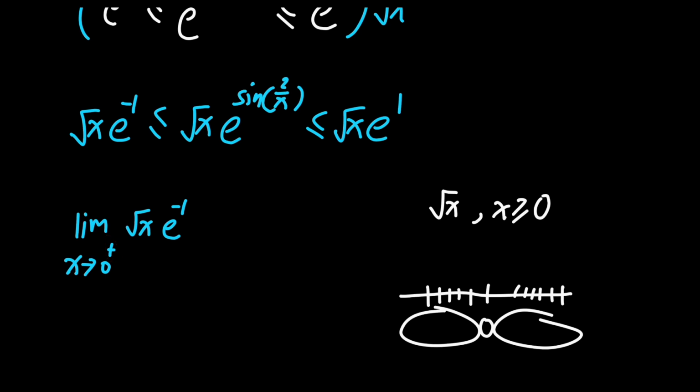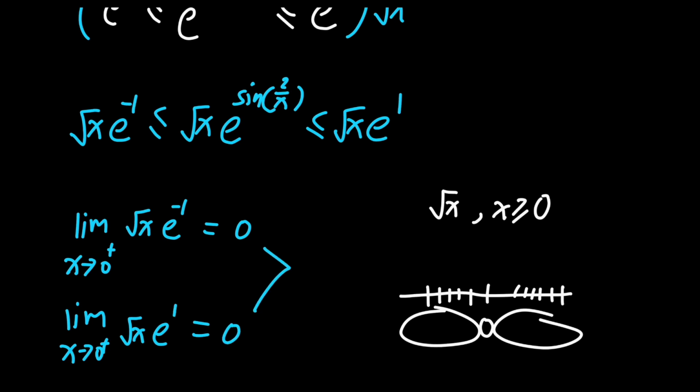And then use the direct substitution rule. Replace x, so radical 0 is still 0, and then 0 times this exponential function is still 0 as well. And then for this second one, 0 times e to the power of 1 is still 0 as well.